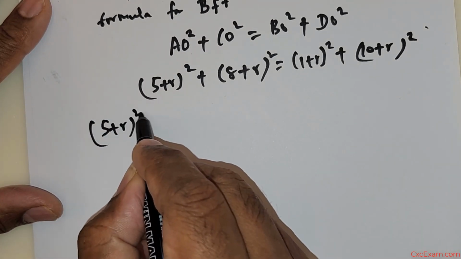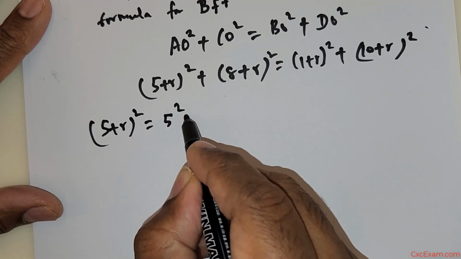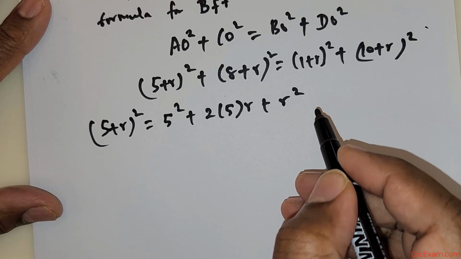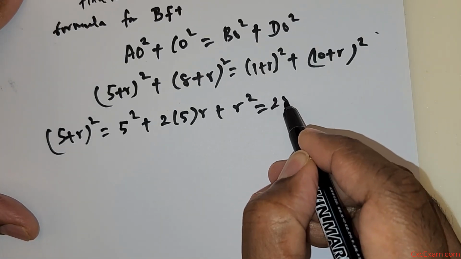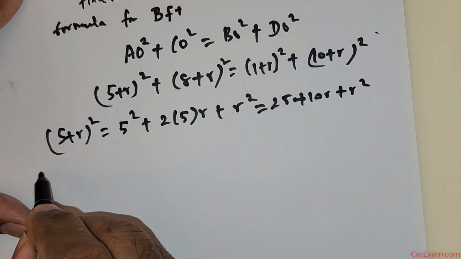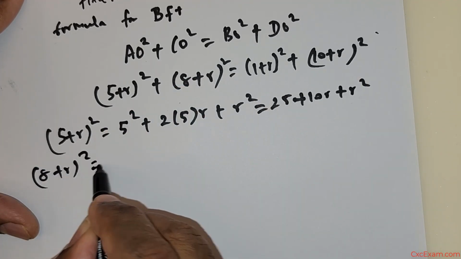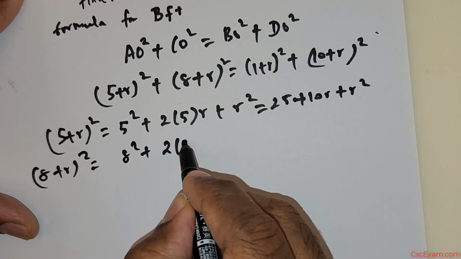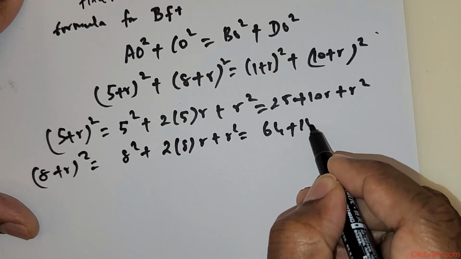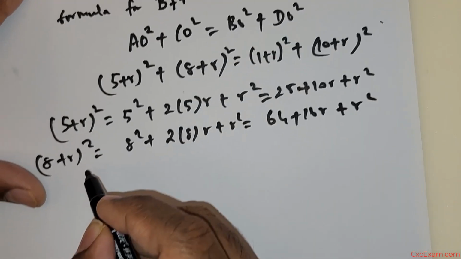So (5 + R) squared, what is this? It is 5 squared plus 2 times 5 times R plus R squared. This is 25 + 10R + R squared. (8 + R) the whole squared is 8 squared plus 2 times 8 times R plus R squared, which is 64 + 16R + R squared.